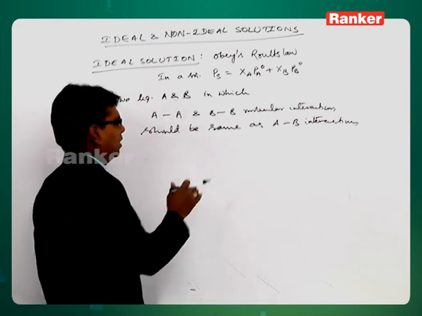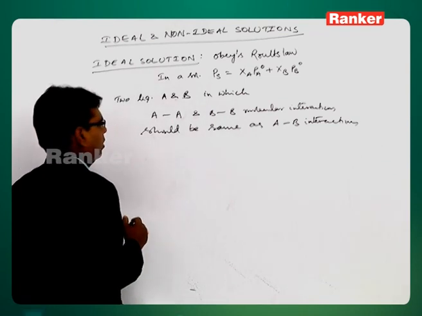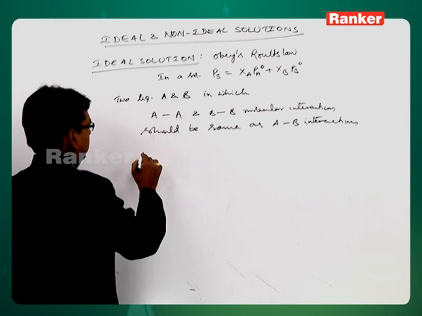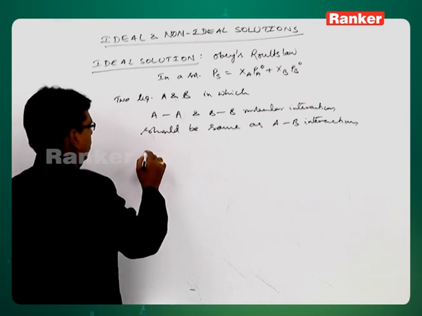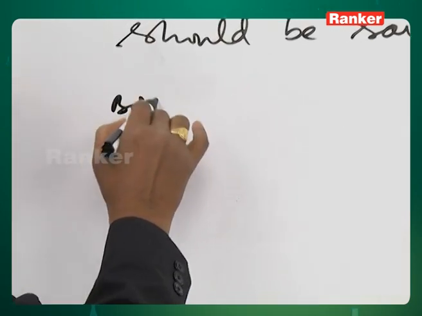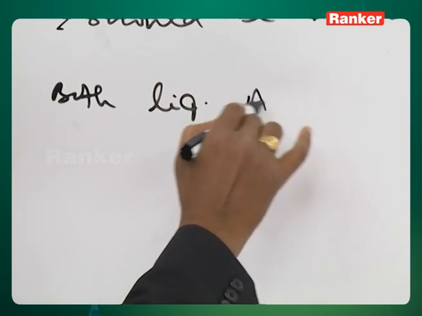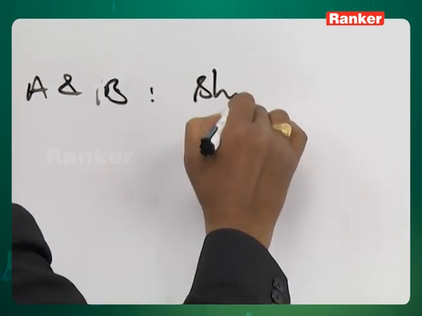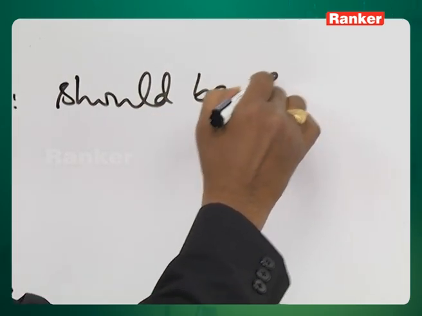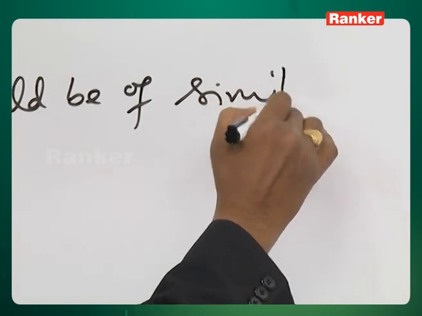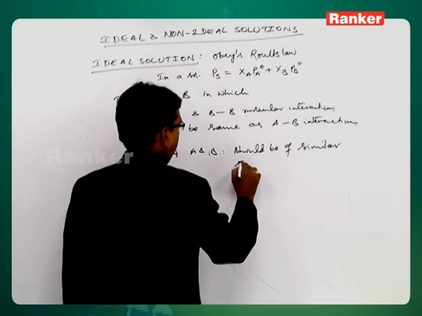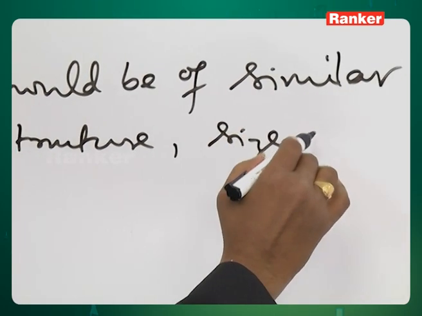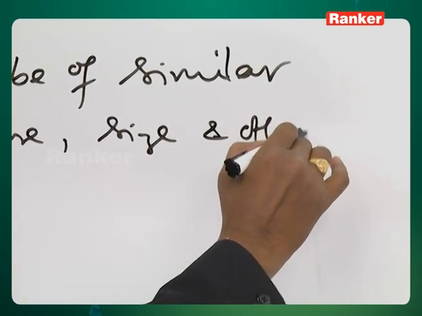What do you mean by similar properties? Which kind of two liquids will form this type of solution? Both the liquids A and B should be of similar structure, size and other properties.